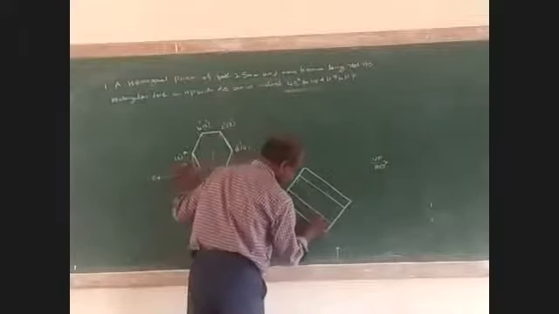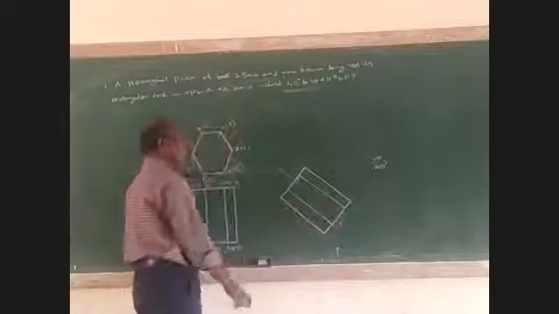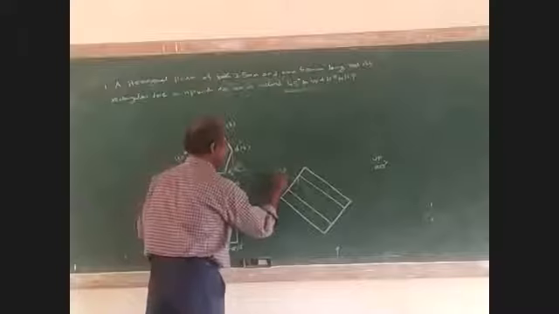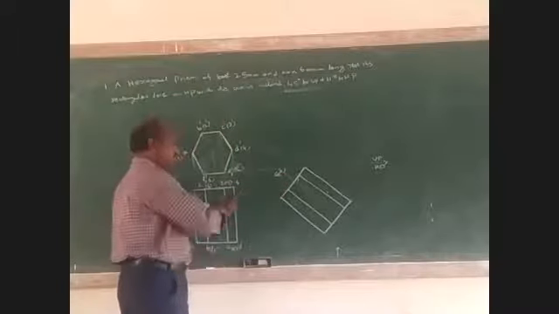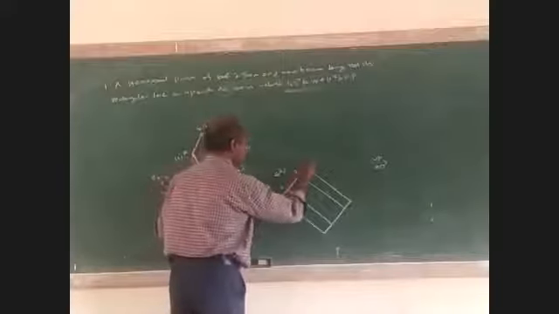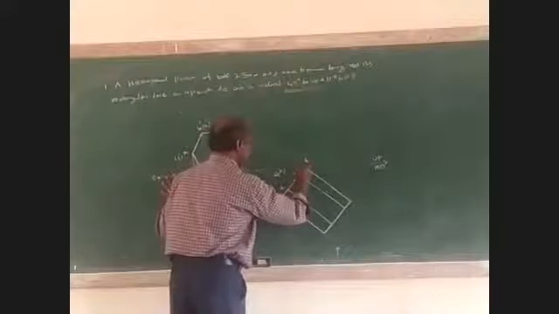Join that point. All the points you have to join. Its angle is 45 degree. Make it a 45 degree inclination. You joined it and name similarly. 1, 2, 3, 4. This is 5, 6.